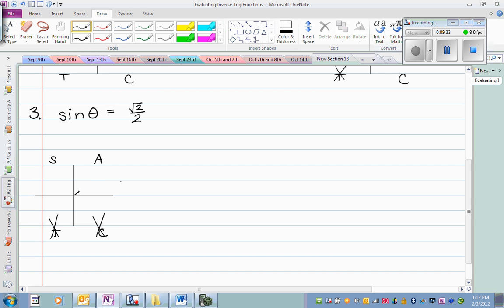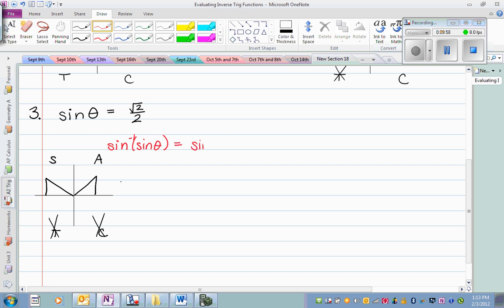So draw little bow ties. How do I get rid of sine? Inverse sine. Thank you. Inverse sine of sine theta.